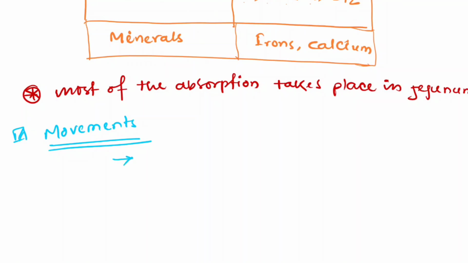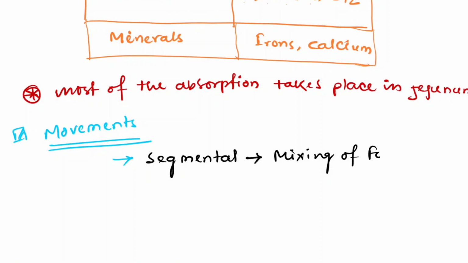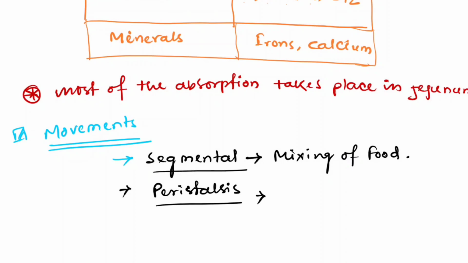First one is segmental movement. Segmental means mainly mixing of food. Okay, this is segmental movement, mixing of the food. And next one is peristalsis. Peristalsis movement means forward movement. Forward movement.